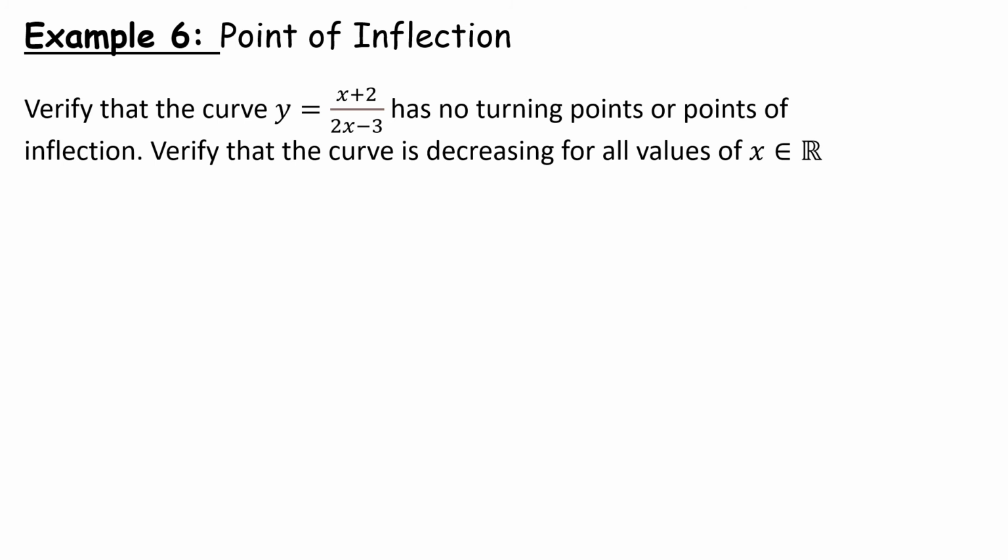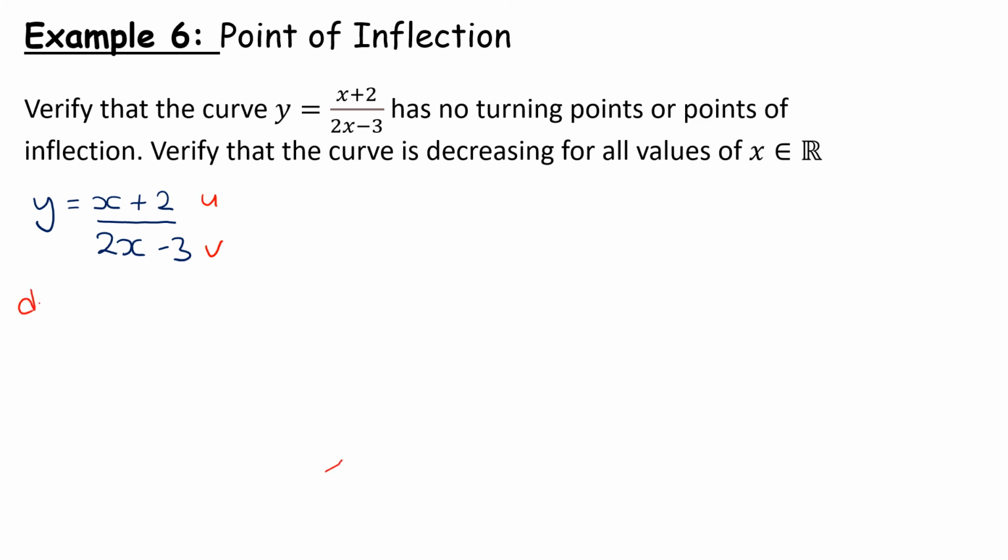So let's start with our y. Now, this is a little bit trickier because we have a fraction, so we're going to have to use the quotient rule. Your quotient rule is on page 25 of your log tables. So my u is the top line, x plus 2, and v is the bottom line, 2x minus 3.